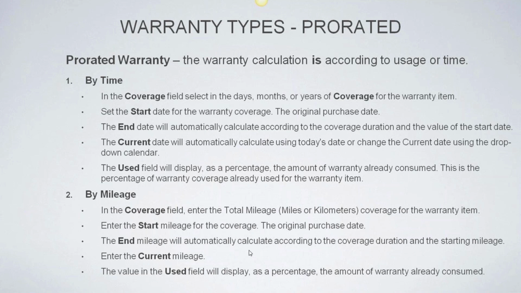The end mileage would automatically calculate according to the coverage duration and the starting mileage. Enter the current mileage, the mileage when it is being replaced, and then the value of the used field will display as a percentage the amount of the warranty already consumed. So we have those types of warranties to be used however they apply best for you.